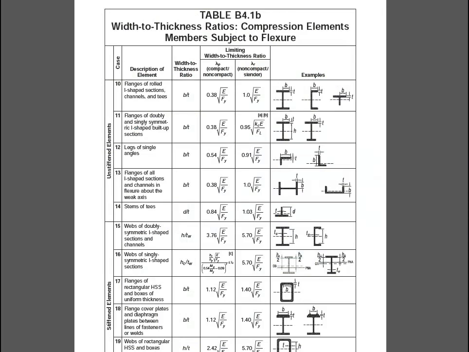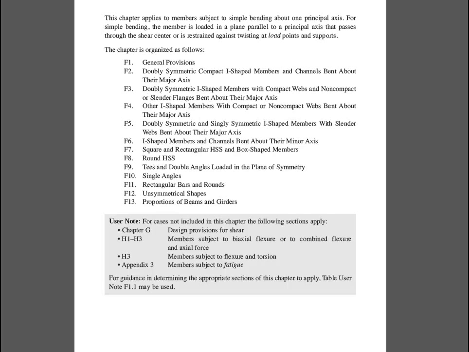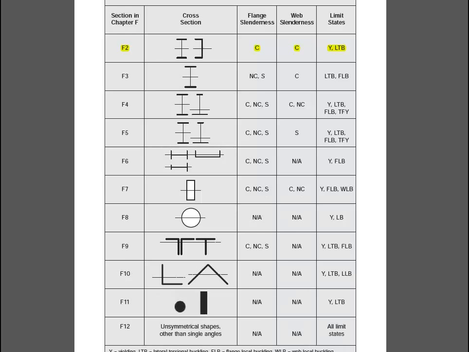So I'm going to flip back to chapter F. Let me navigate back down to chapter F. There's E and there's F. So once again, I'm going to use user note F1.1. I have flanges in this case that are non-compact, and I have a web that is compact. So that means I'm going to be using the provisions in section F3.